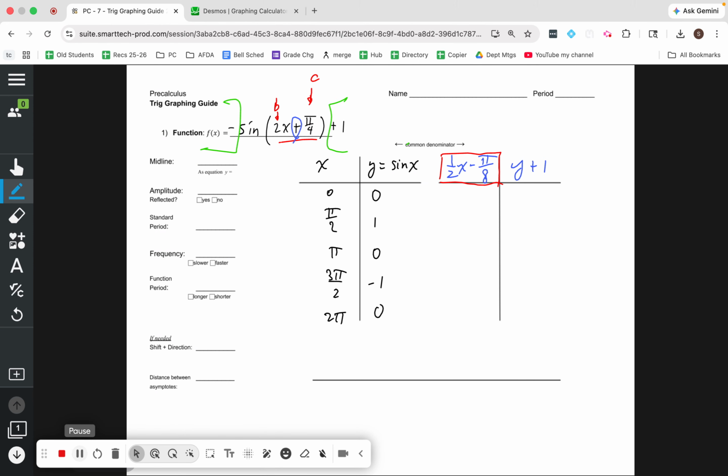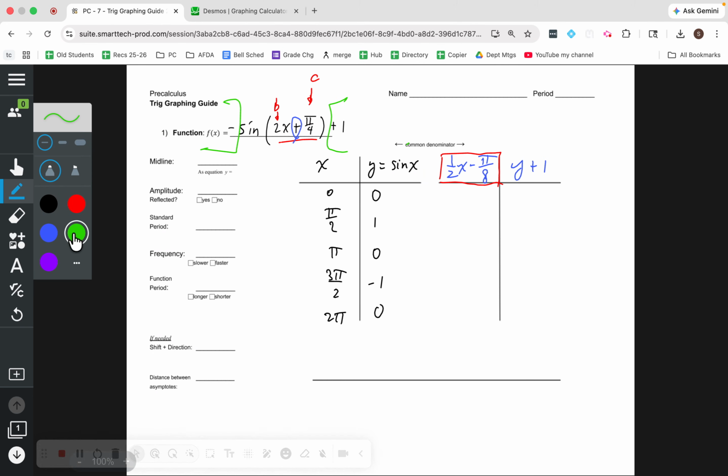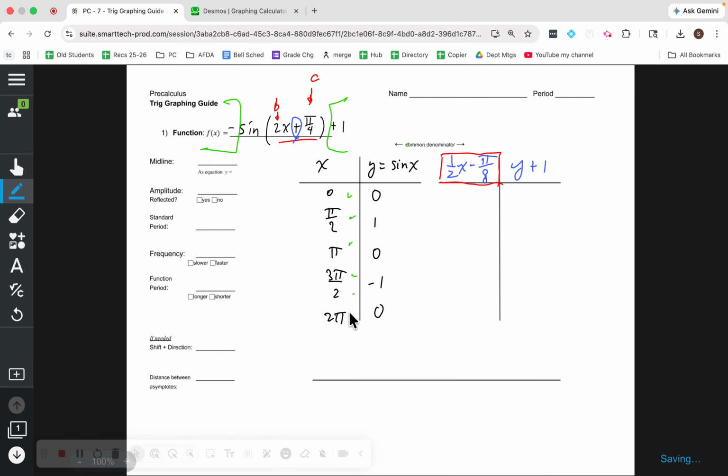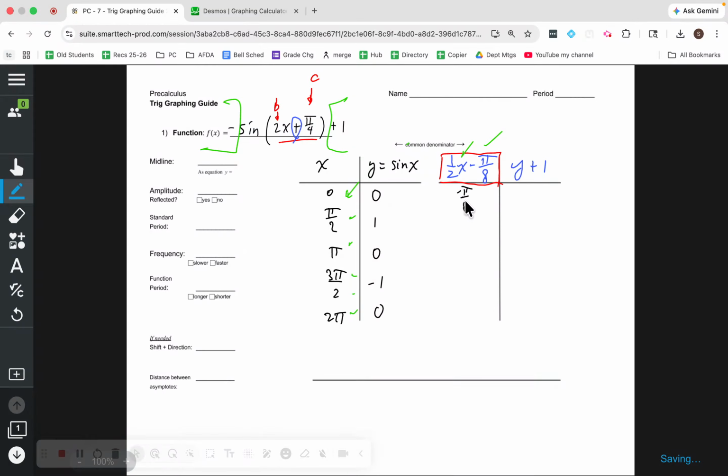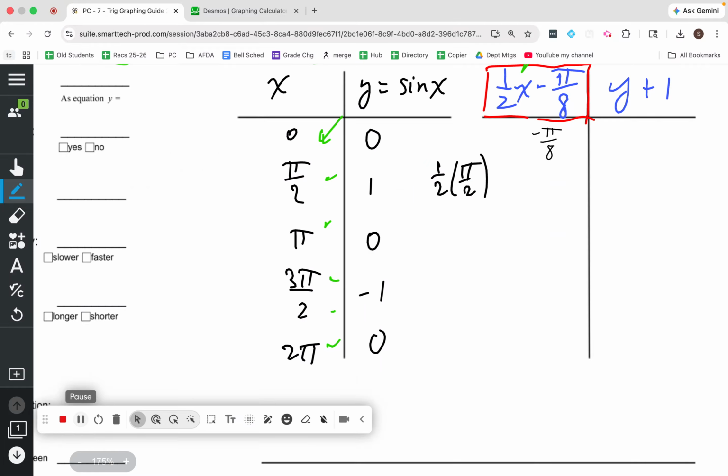I filled out the parent table for sine for you. Now the tricky part is going to be multiplying each of these x's by 1 half and then subtracting pi over 8. Well, 1 half times 0 is 0. So 0 minus pi over 8 is just minus pi over 8. 1 half times pi over 2 is pi over 4.